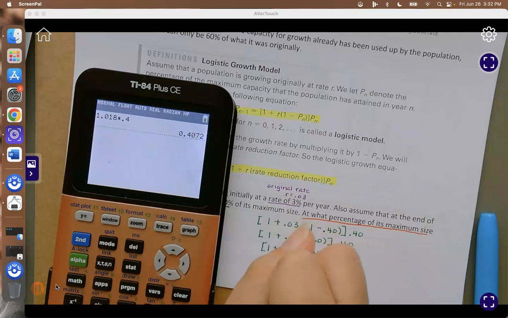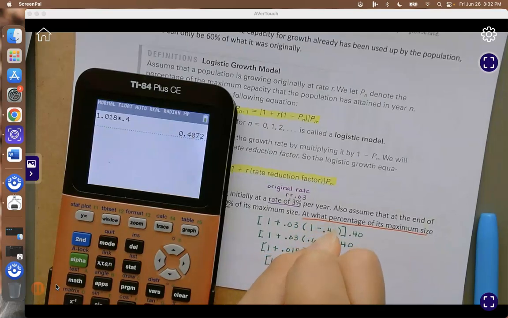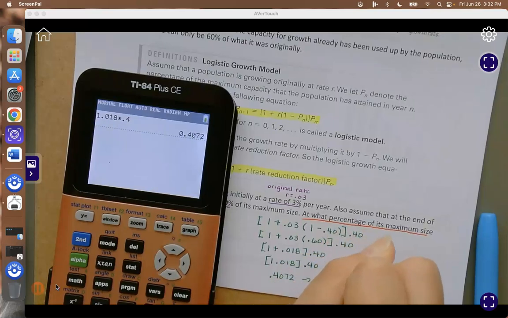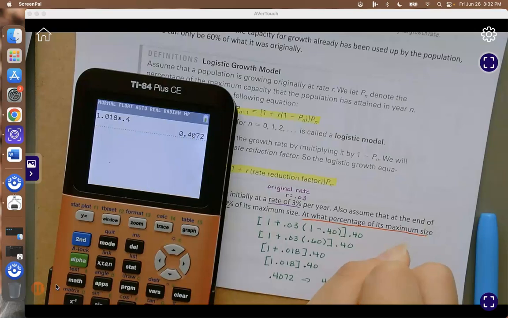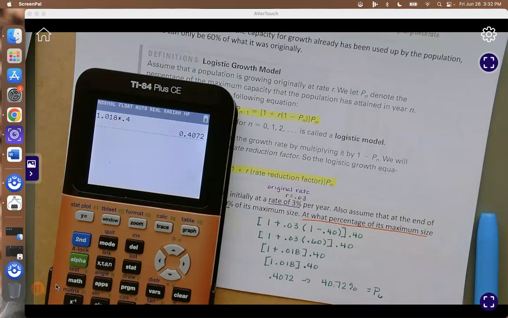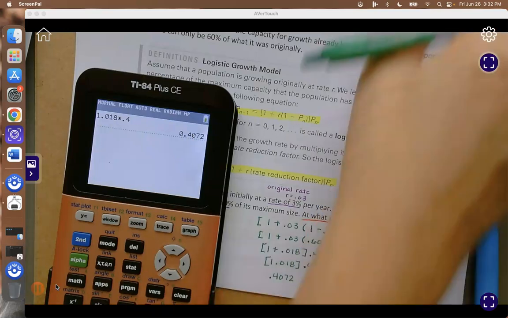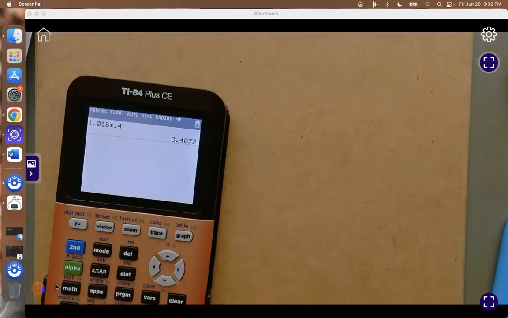And what we're going to get is 0.4072, which means we will be at 40.72% capacity at year 6. Okay? And that's all you have to do there. All right? So that's that one.